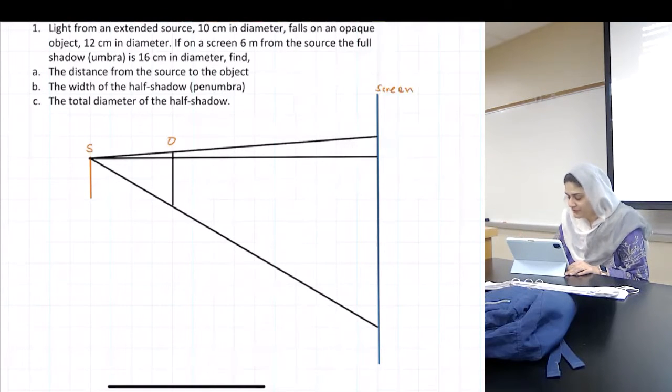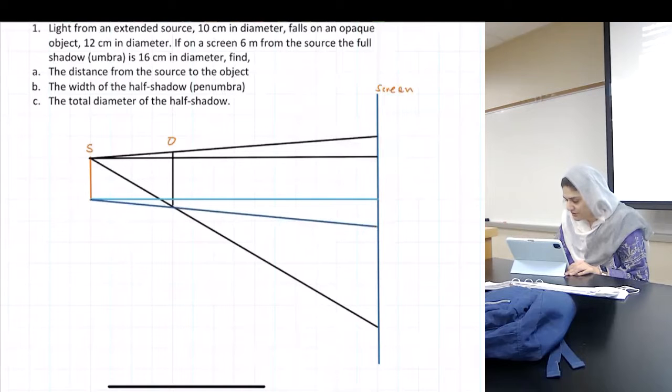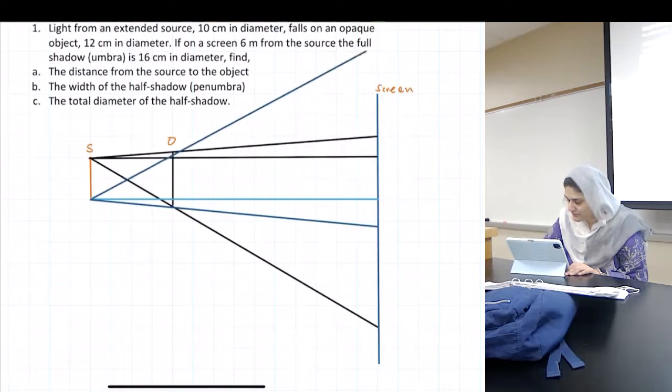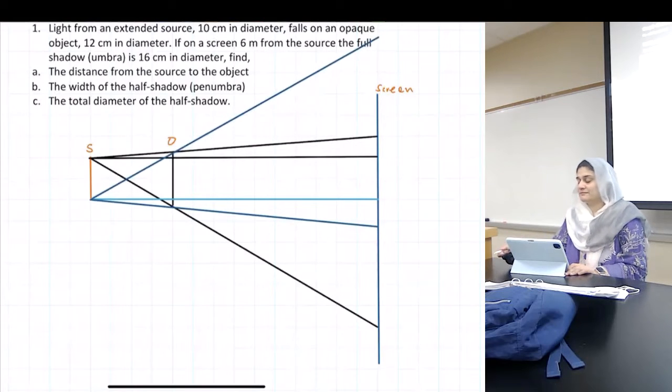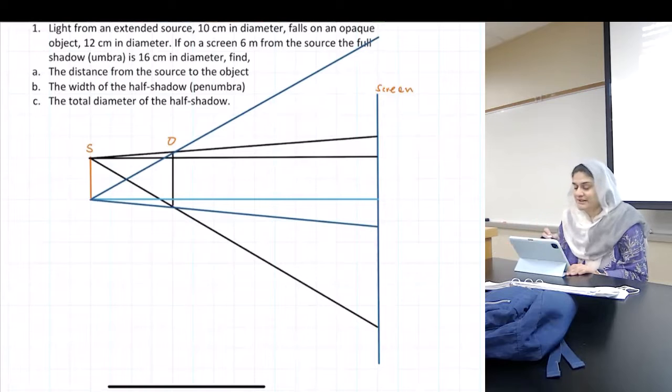I'm going to do the exact same thing to the other side. 1 ray goes from the bottom and goes here. Another ray goes from here to here. I'm going to have a 3rd ray that goes from here right into the question. Again, remember none of this is drawn to scale.